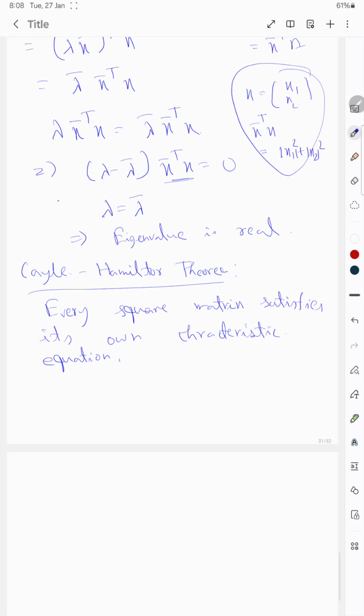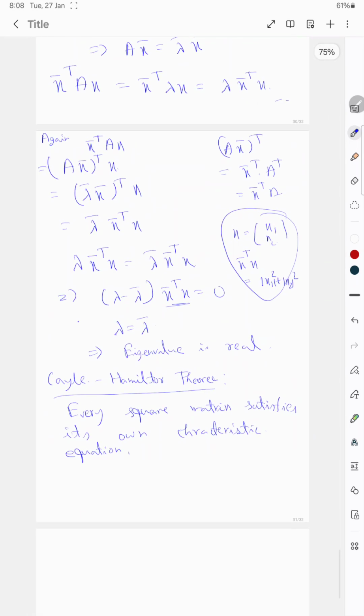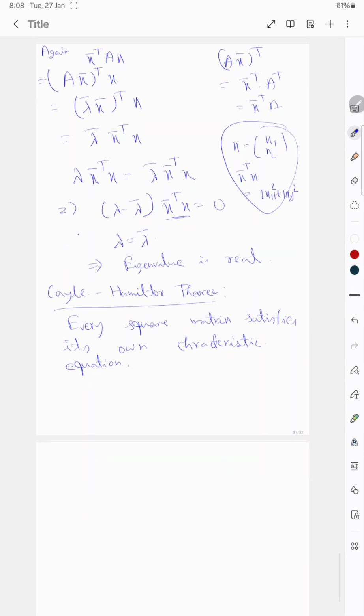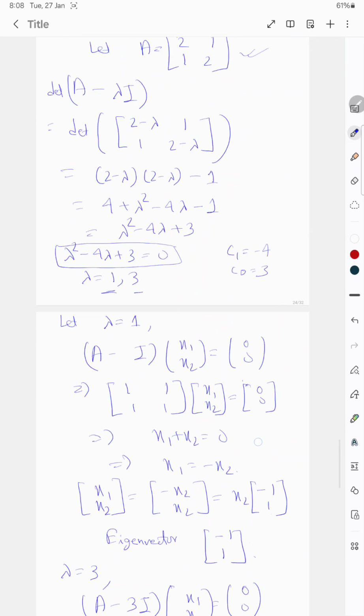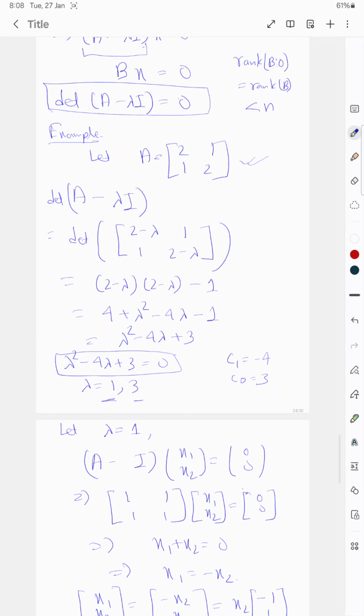So what do you mean by that? Suppose for a polynomial you have found the characteristic equation. For example, I am taking the first example, just for order 2: A is equal to 2 1 1 2.